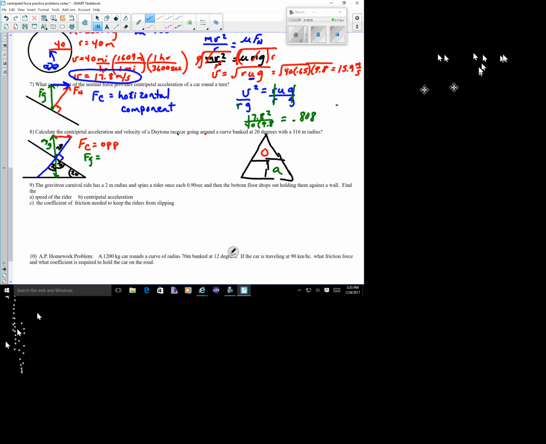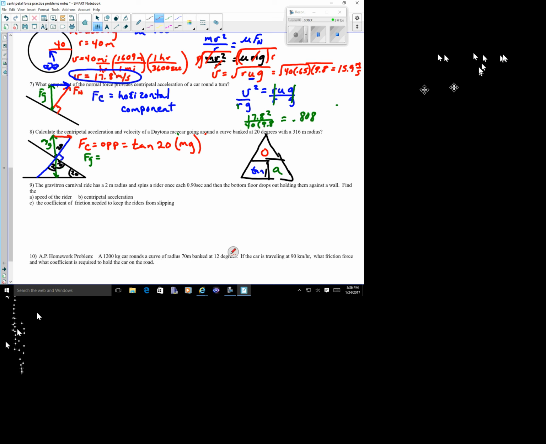So if I want to find the opposite side to get the centripetal force, we are going to take the tangent of 20 degrees times the mass times gravity, or the adjacent side, and that's going to give me the centripetal force.